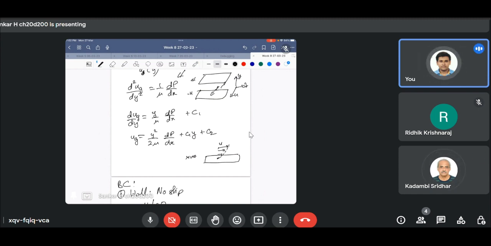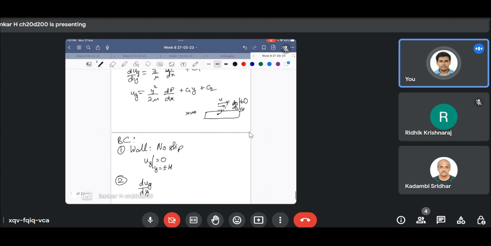So du by dy at plus or minus h will not be equal to 0. So where do we get this gradient to be 0? The statement is correct, du by dy will be 0, but where will it be 0?